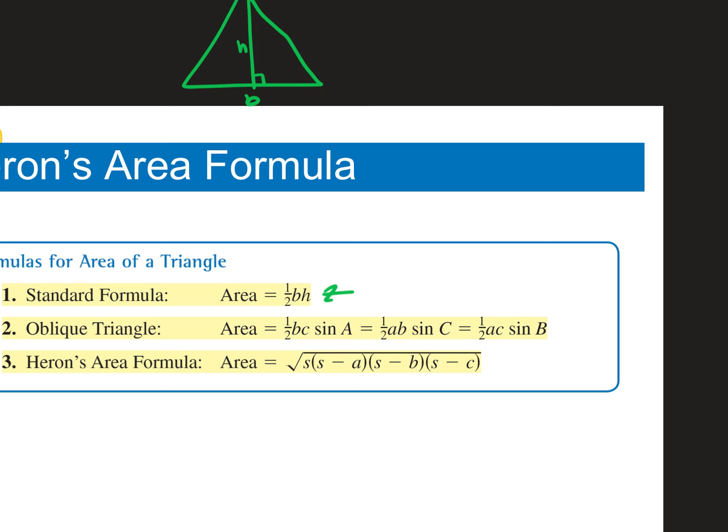So that's 1/2 times b times c times sine of a. So we would use this if it was side angle side. And then we can use Heron's formula if it gives us all 3 sides, so side, side, side.